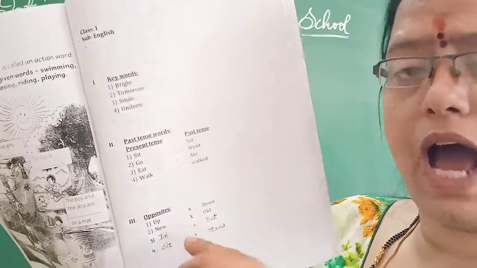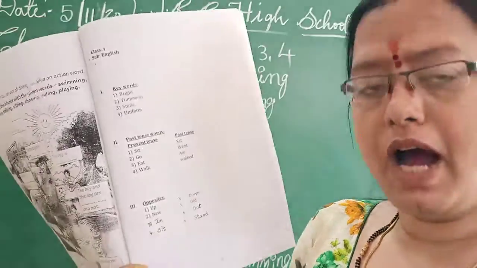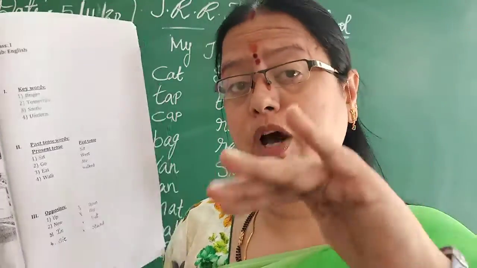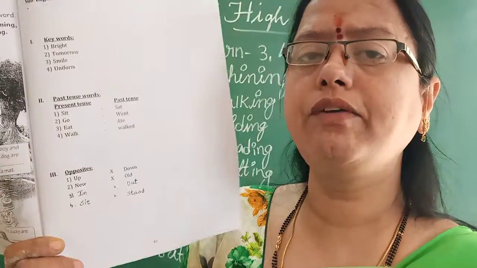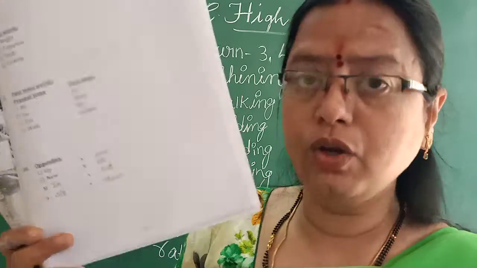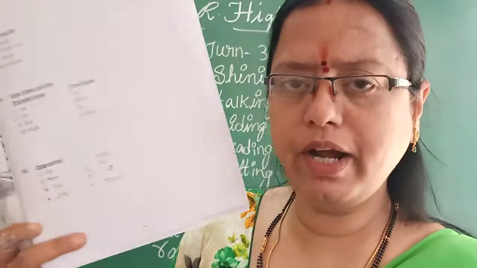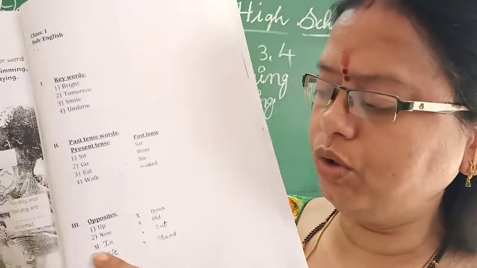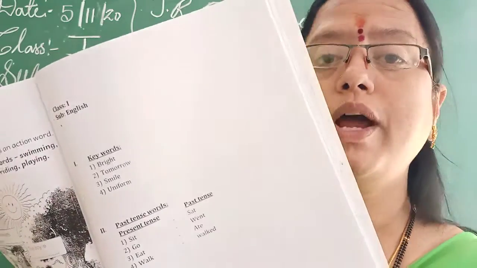Okay, opposite. Up means up. Down, the opposite of up is down. D-O-W-N, down. U-P, up. Up opposite down. Okay, new.